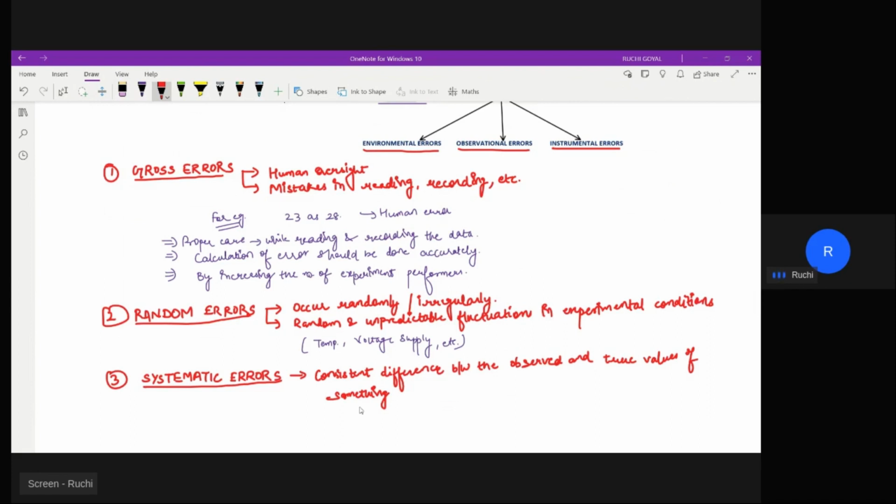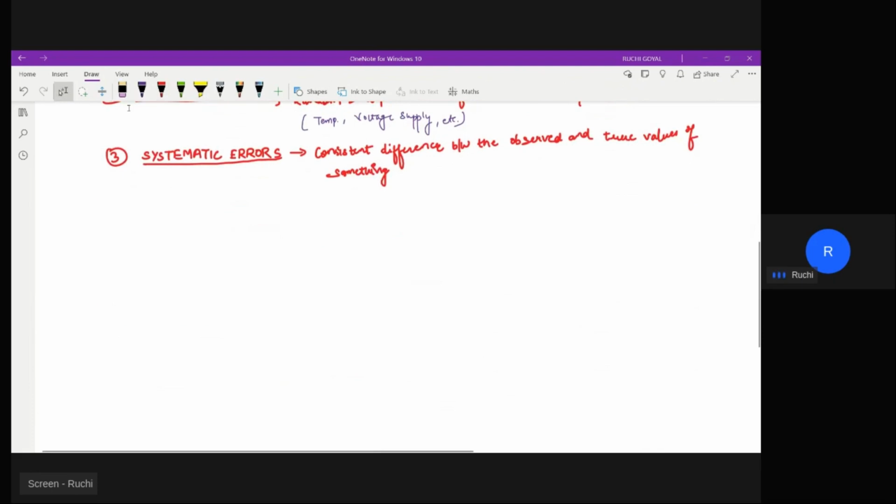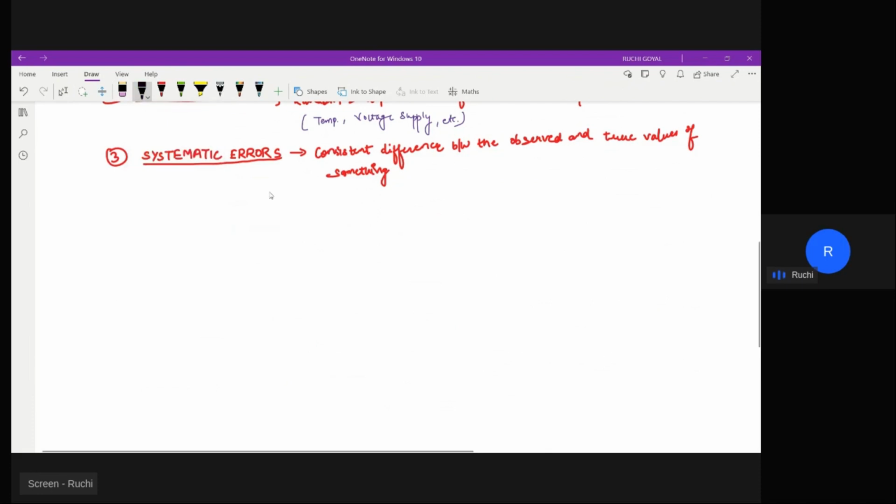Next we have subgroups of systematic errors. Systematic errors are divided into subgroups. So what about the subgroups? Subgroups are of three types.